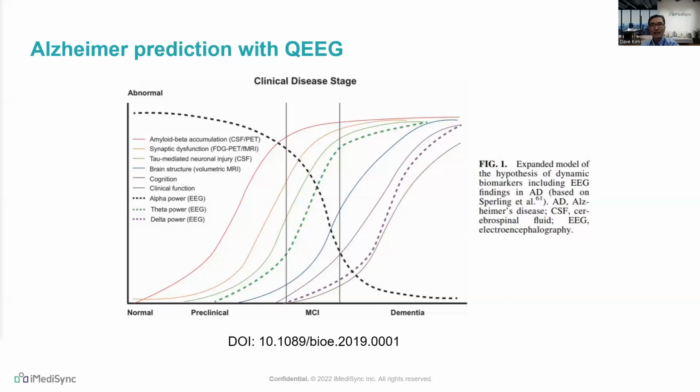Therefore, the biomarkers are generally not used in primary care settings, and not in all countries, especially in a poor economy. And some doctors are reluctant to use invasive methods such as tapping the cerebrospinal fluid.